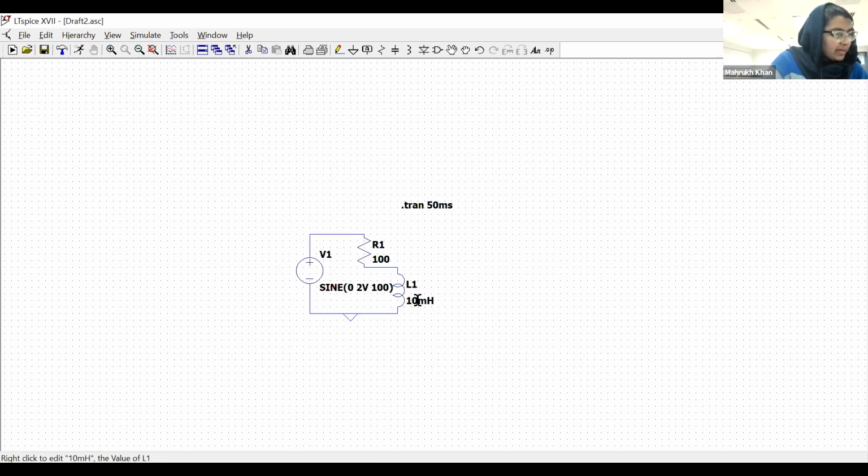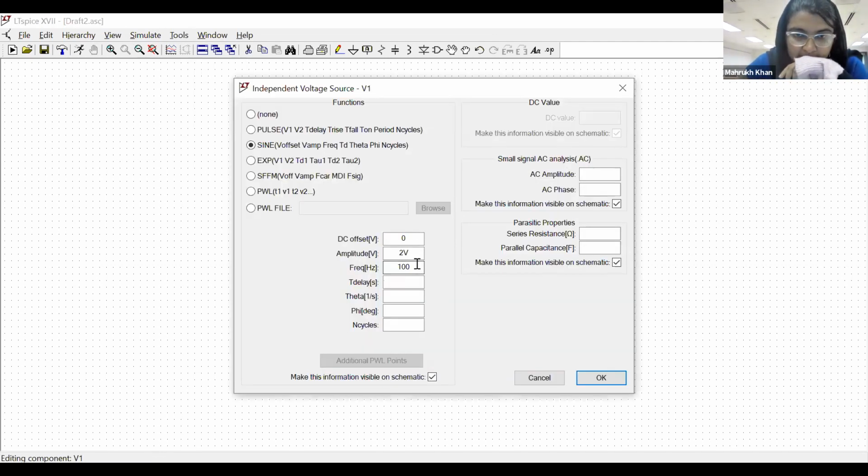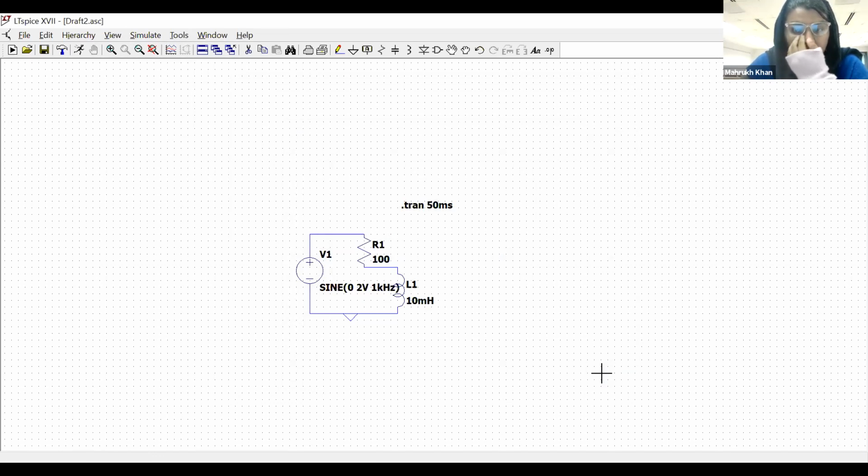100 hertz I am trying. So I will be seeing 5.2. So they are asking us to do 1 kilohertz. So 1 kilohertz means what is the one time cycle? 1 over 1 kilohertz is?